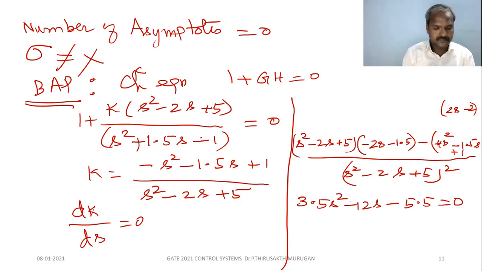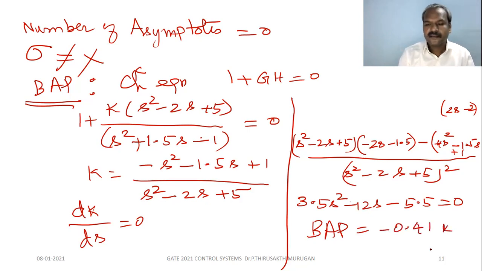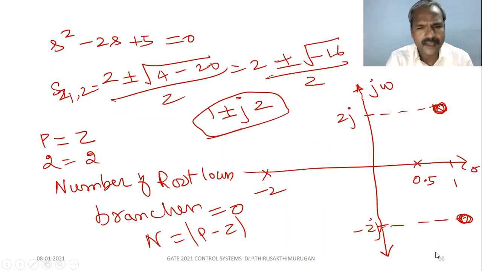Understand? So I am getting the breakaway points equal to minus 0.41 and 3.83.